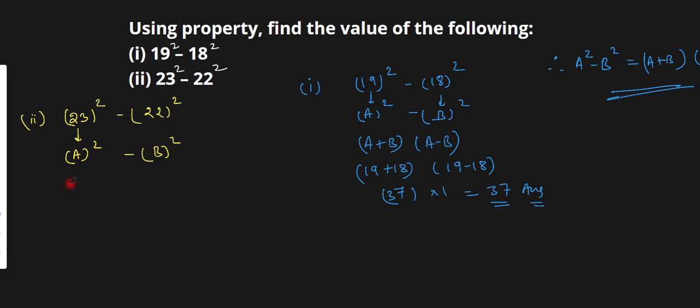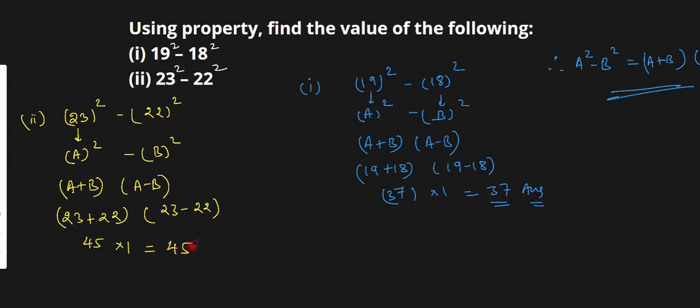So you can write a plus b and a minus b. In place of a you have 23, and in place of b you have 22. So this is 23 plus 22 and 23 minus 22. So this will be equals to 45 into 1. So the answer is 45. You have simply used the identity, that is a square minus b square, which is equals to a plus b and a minus b.